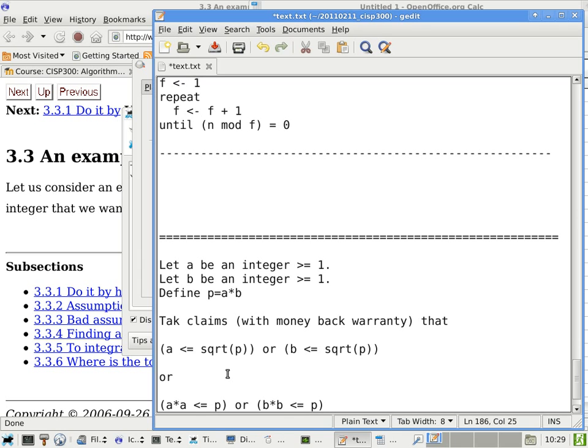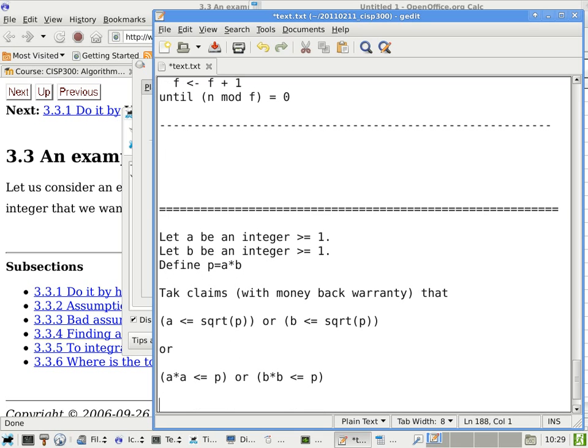Because you need to know for certain that it will work in all tests, in all cases. Because if you don't, then your program will work for the most part, but it may fail occasionally. Those will be bad problems to have. Okay, so how do we prove that claim is right?